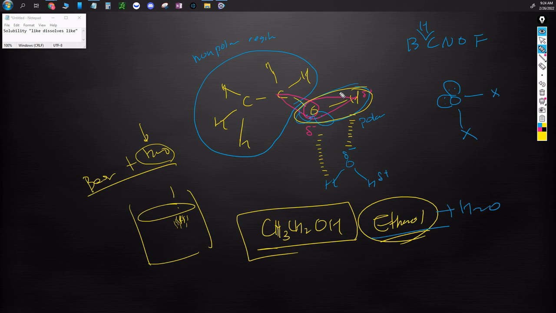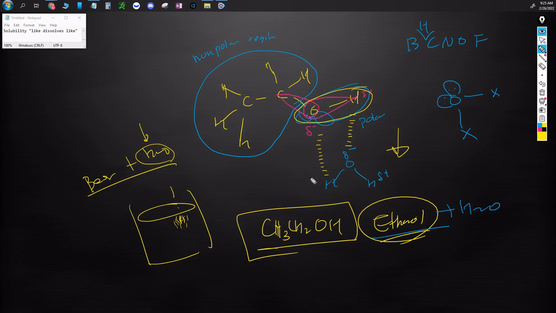So whenever you see a molecule with OH in it, it will dissolve to a certain degree. Why am I saying to a certain degree? Because if this part gets much longer, and the nonpolar region gets much greater than the polar region, the solubility will drop because the nonpolar region will dominate over the polar regions.